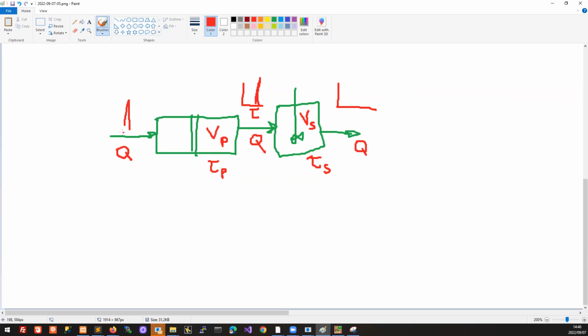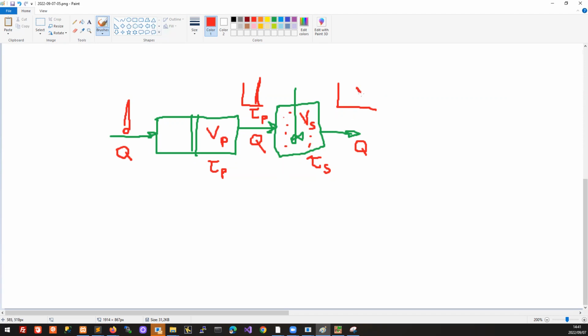So we pulse in at time 0, and we'll start to see a pulse coming out at time tau P. And then if we think about this pulse entering the CSTR, its influence is to exponentially decay this, right? It will do its serial dilution.